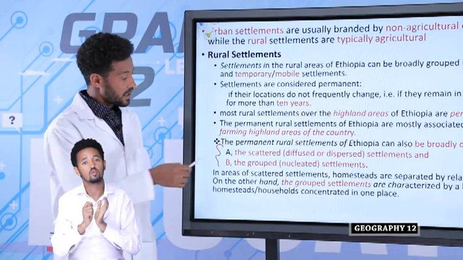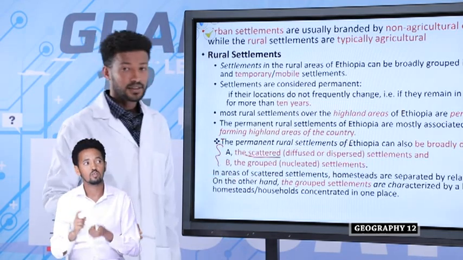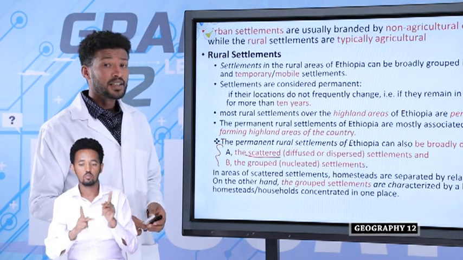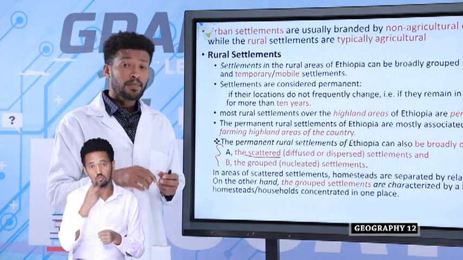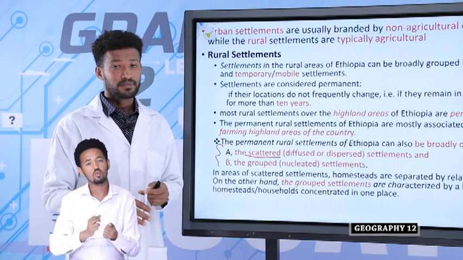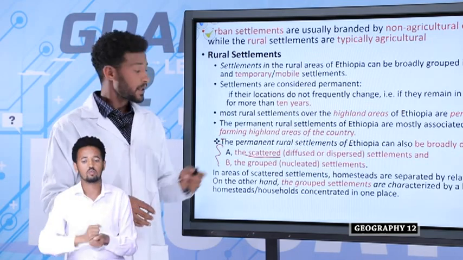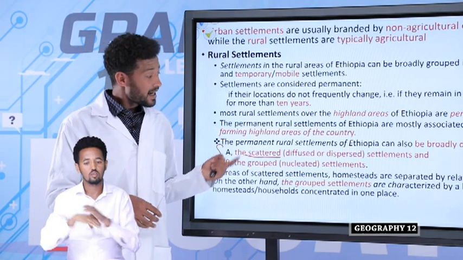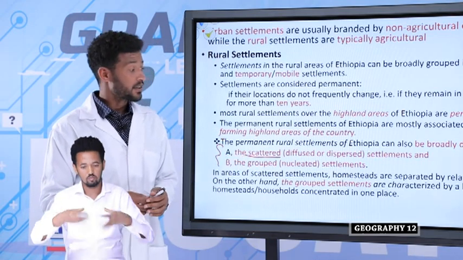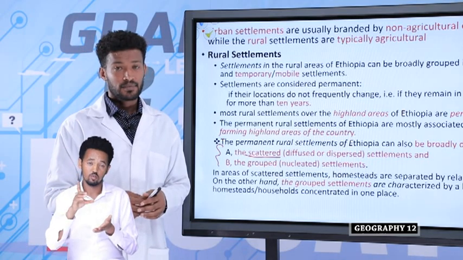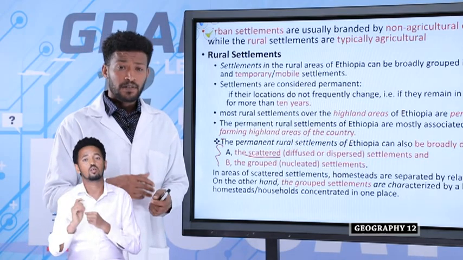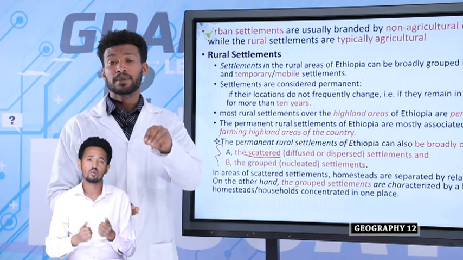For example, if it is scattered, the populations are settled in a diffused mode, or they settled very far apart. Typically, in Ethiopia, scattered or diffused settlement is found in the rural parts of the country, where over very broad areas, very few people are located.